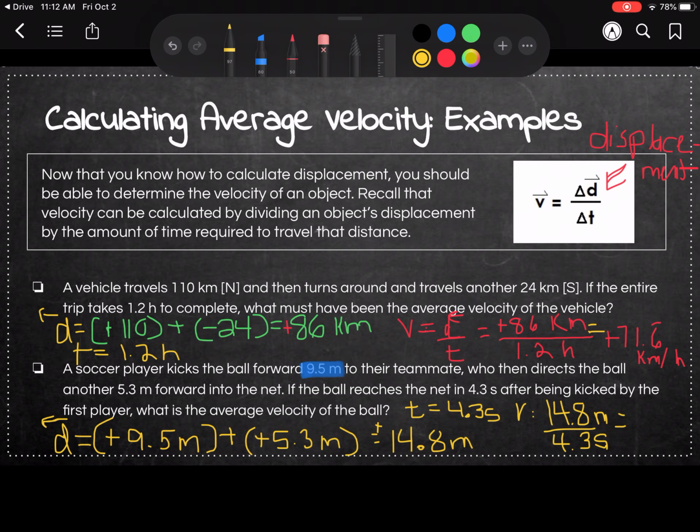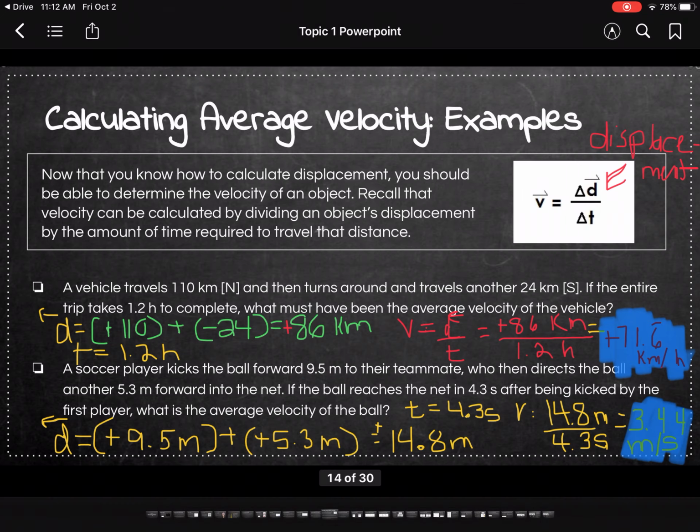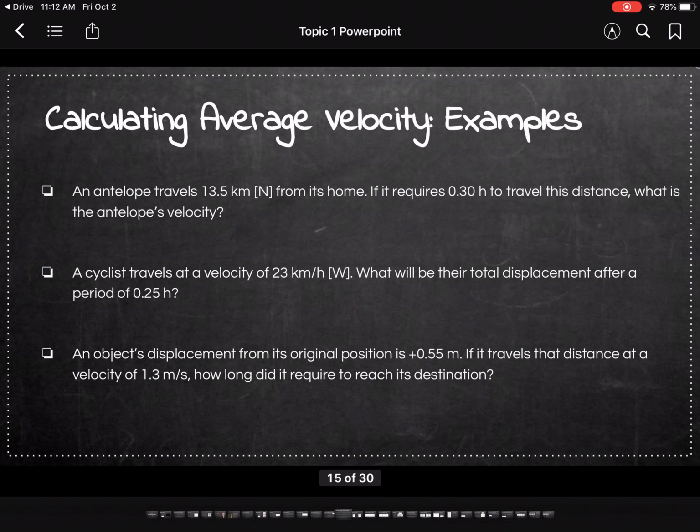And then we can put our answer in as 3.44, and that's meters per second. Okay? So this is our answer, 3.44 meters per second. And this is our answer over here, just so we're highlighting those answers. Okay? So that's how you do average velocity.